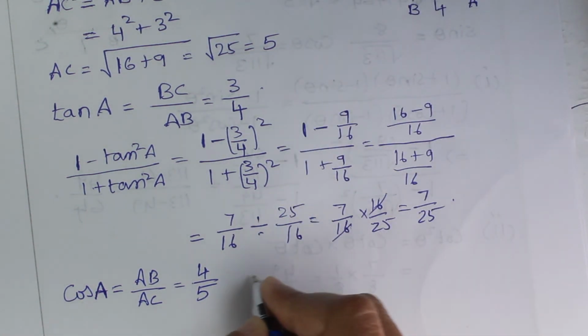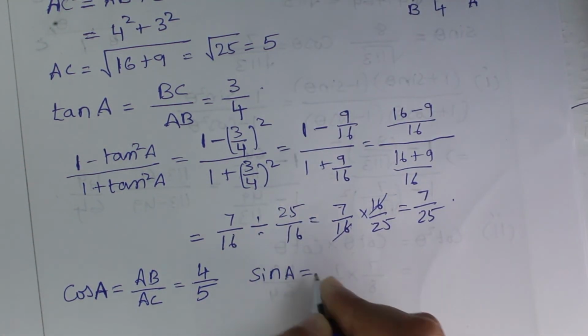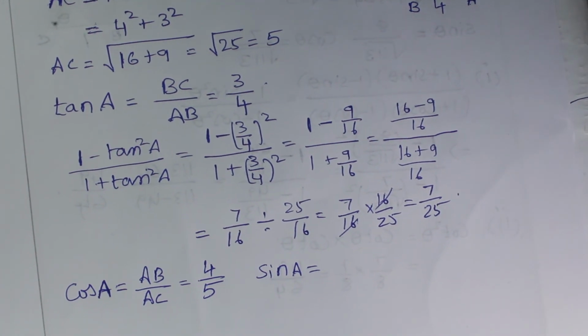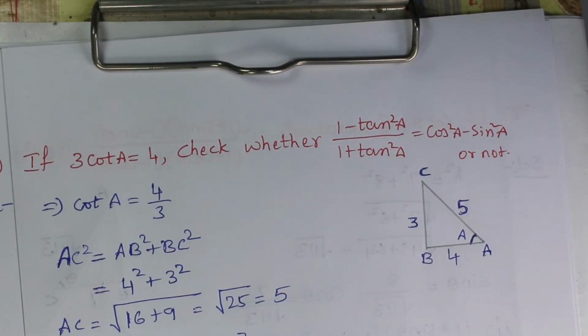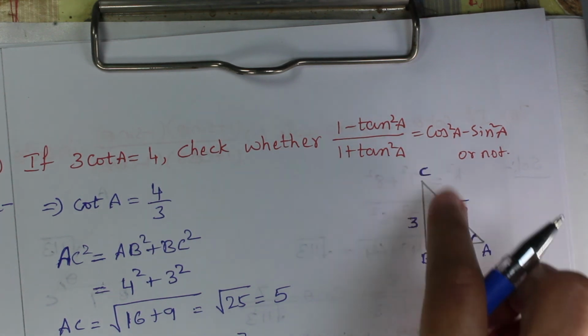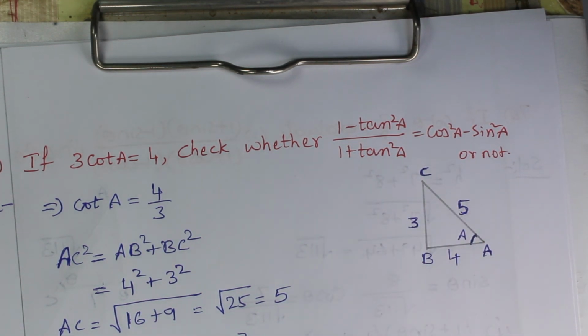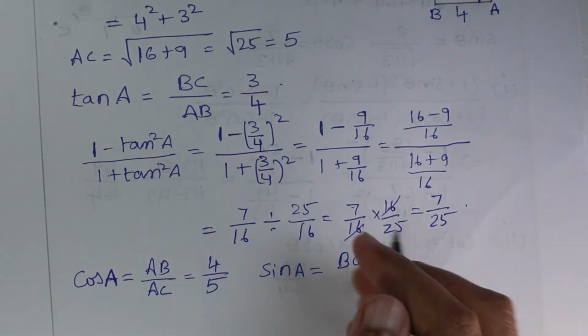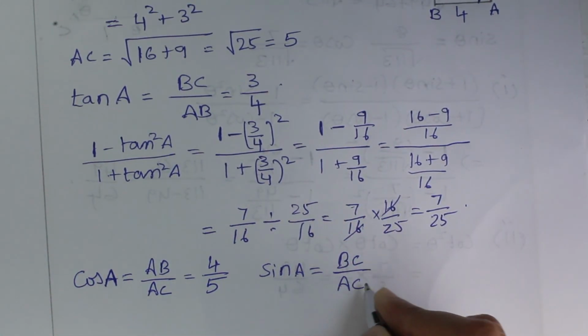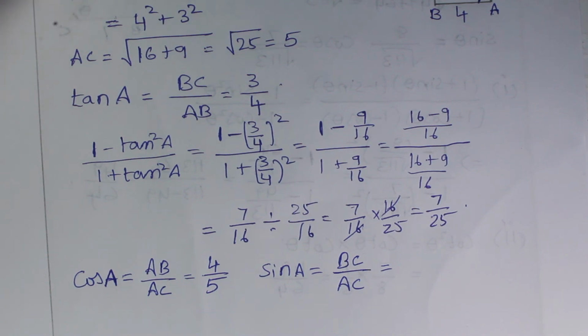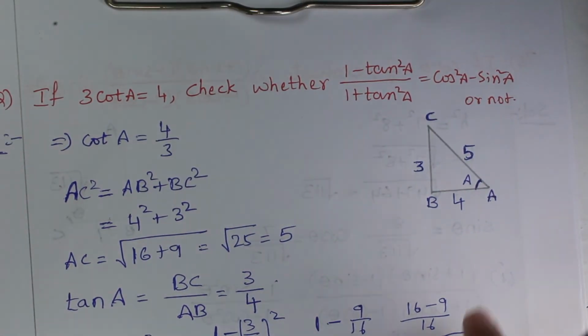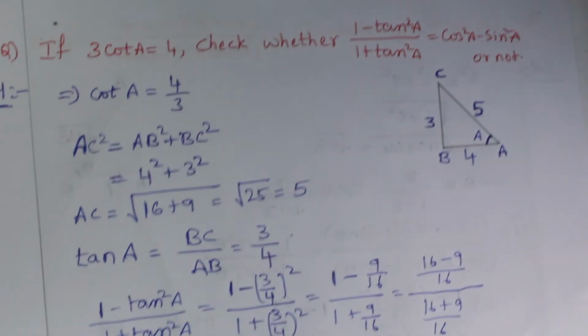And what is the value of sin A? Sin A is equal to opposite side by hypotenuse. The opposite side of angle A is BC, divided by AC. BC is 3, so it is 3 divided by 5.